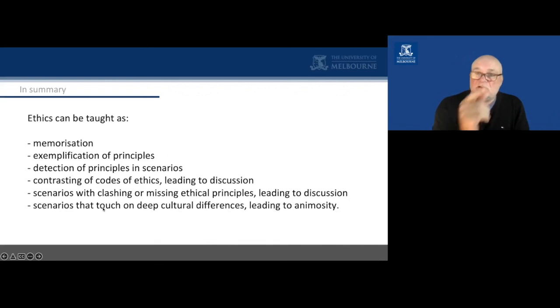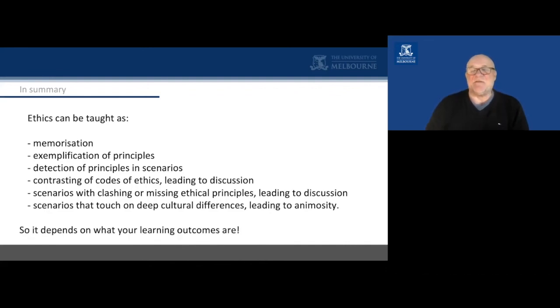In presenting that example, I've just taken a risk with you. I thought that in a small group of advanced and intelligent students like yourselves, that risk was okay to take. And the point of the whole lecture is it depends on what your learning outcome is. Fix the learning outcome, and then the rest should follow from that.